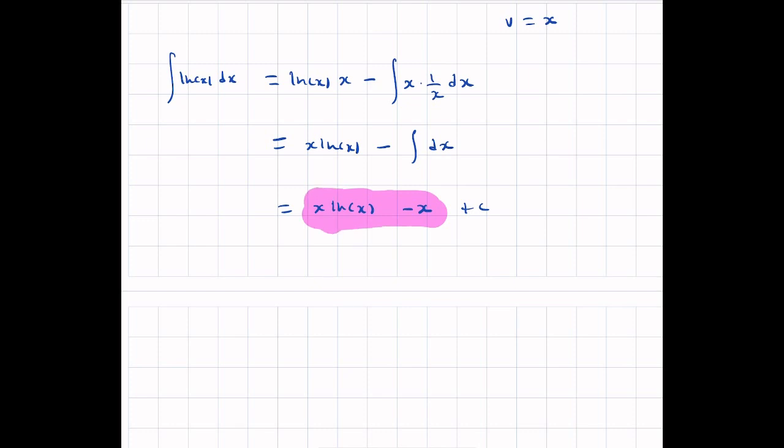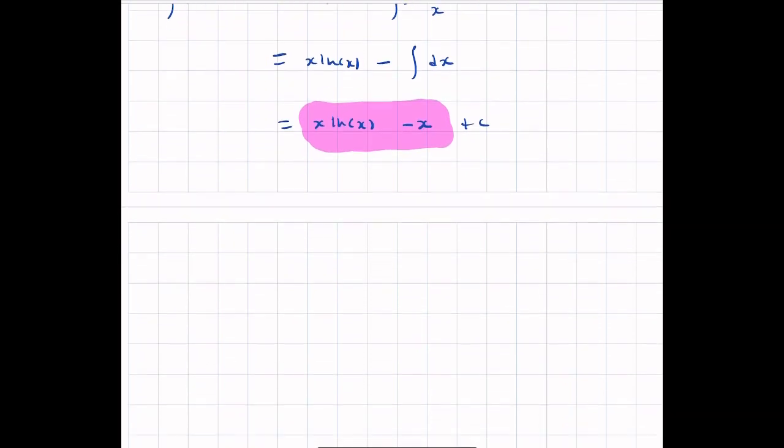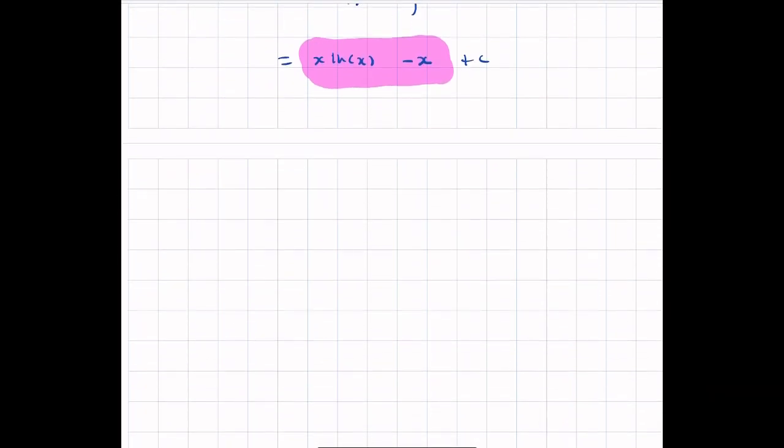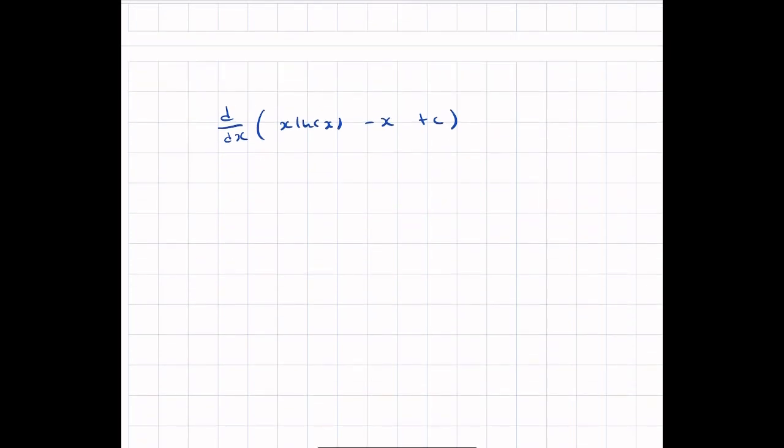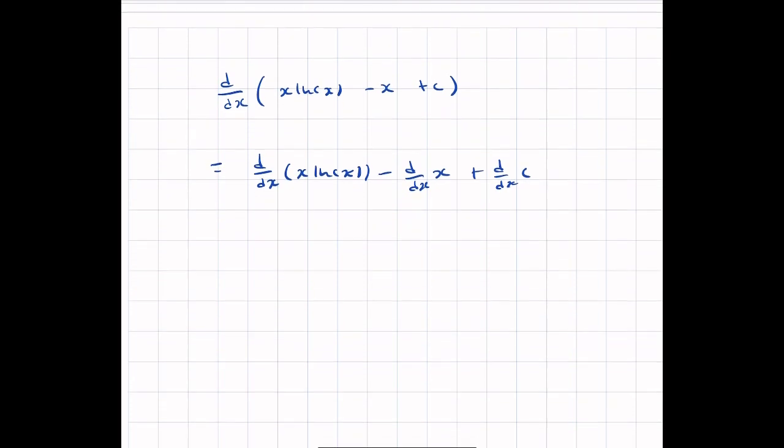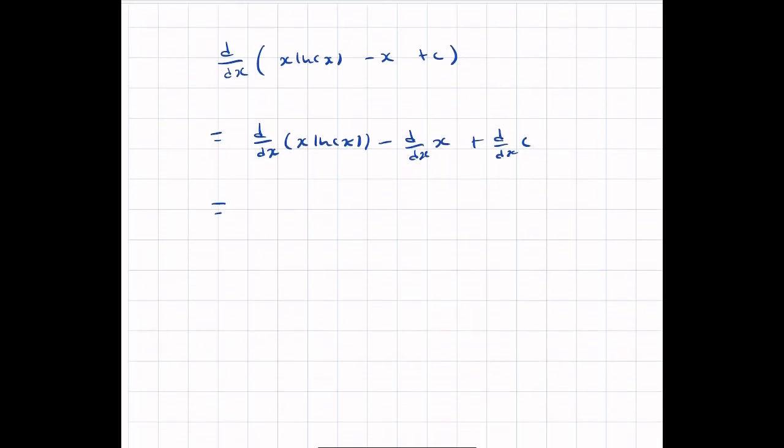And we can check, and not a lot of people know this actually. Ln is the one that people who've been doing integration for a while, you ask them what's the integral of ln, and they just draw a blank. But I can actually check d by dx of x ln of x minus x plus a constant is d by dx of x ln of x minus d by dx of x plus d by dx of c, which is going to be, well, what's d by dx of x ln of x?